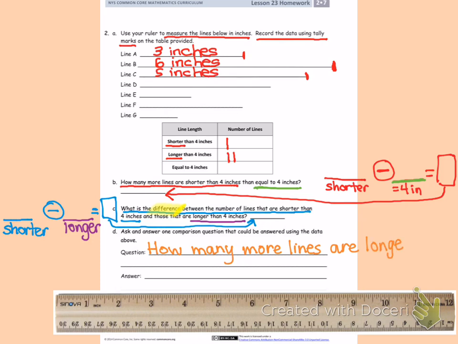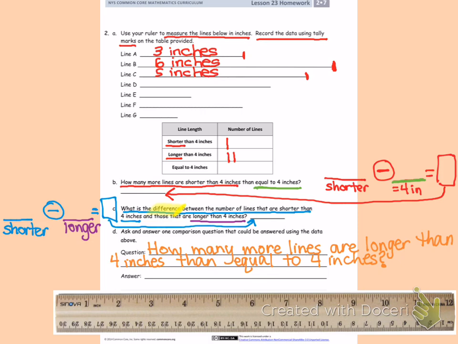Longer than 4 inches than equal to 4 inches. Of course, the directions did tell us that we need to ask and answer the question.